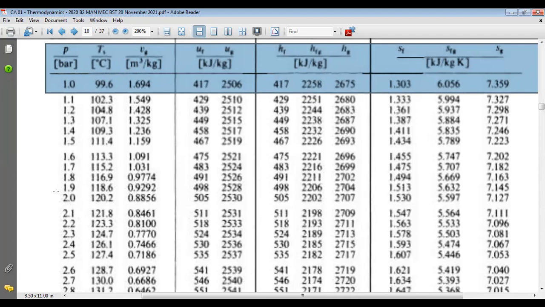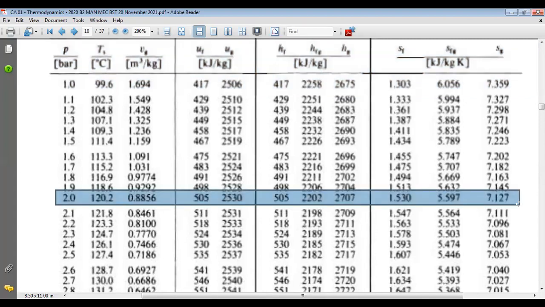Here I can see 120 is here. 120, 2 bar. So 2 bar, it is 120.